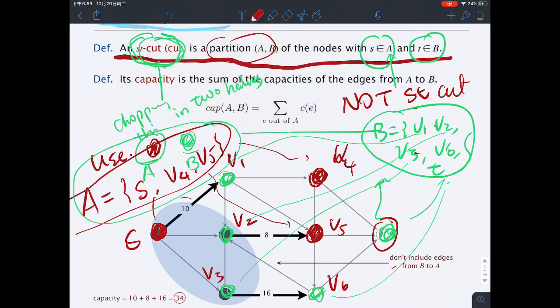You can see that we are still chopping all the nodes into two components, but now component A is actually disconnected. These are the A's, and they don't form a connected component. That's totally allowed.